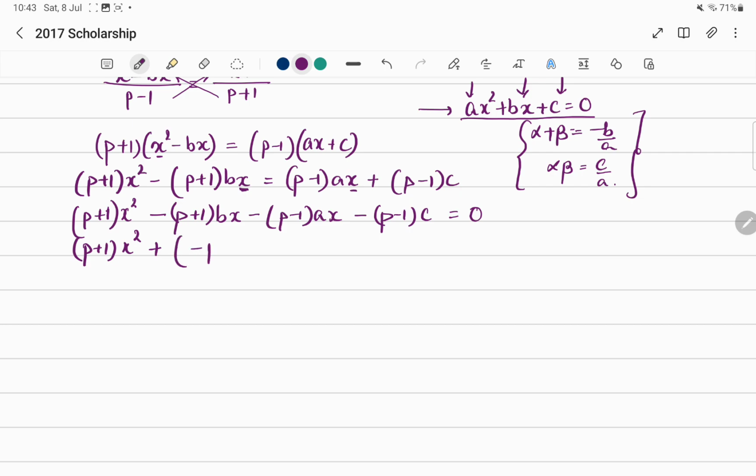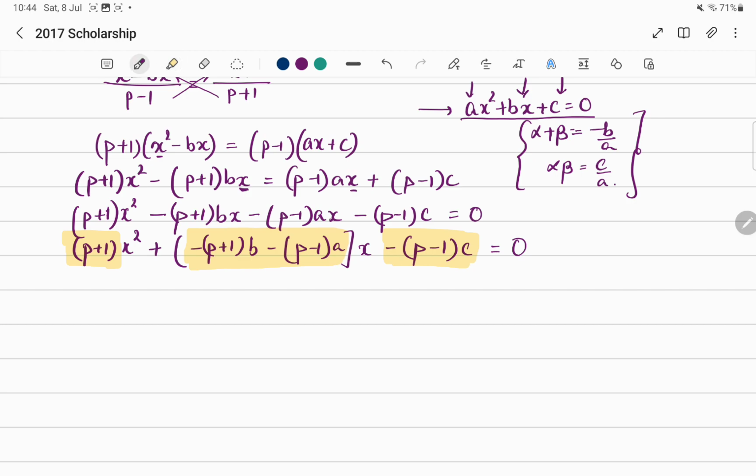It's going to be (p plus 1)x squared minus [(p plus 1)b plus (p minus 1)a]x minus (p minus 1)c equals 0. So here, the value p plus 1 is your a, this whole bracket is your b, and this whole thing is your c.